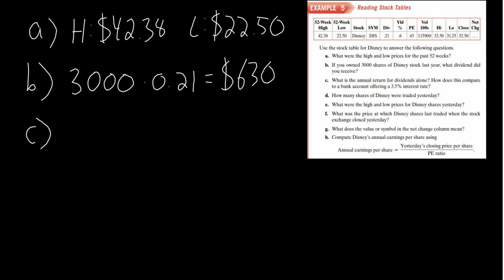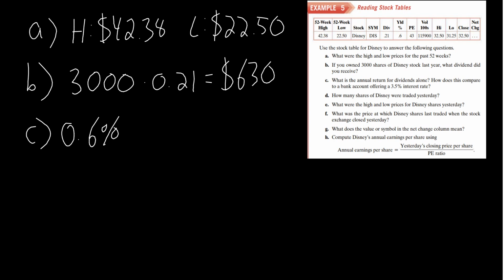And I'll be honest with you, that sounds a lot more like what banks do anyways. So the first part of C, what is the annual return for dividends alone? It is going to be 0.6%.